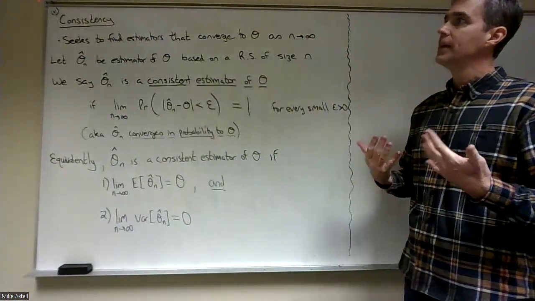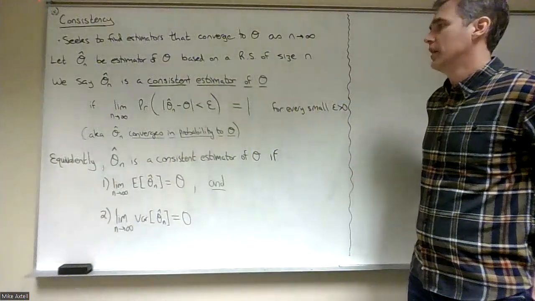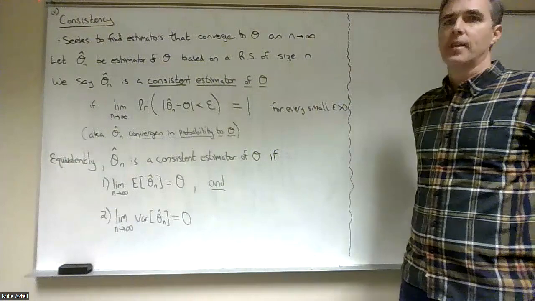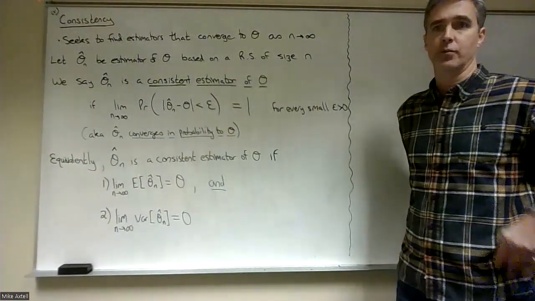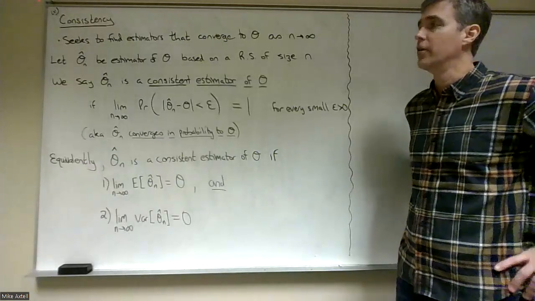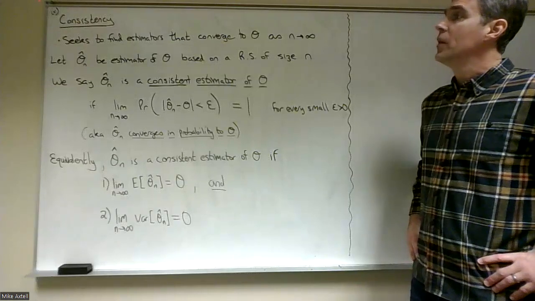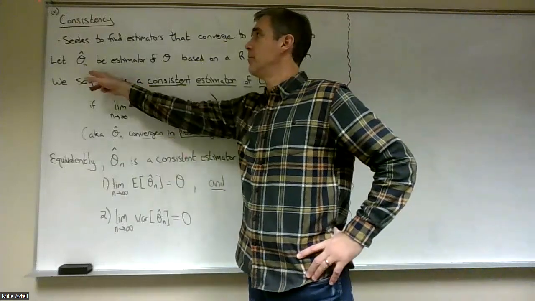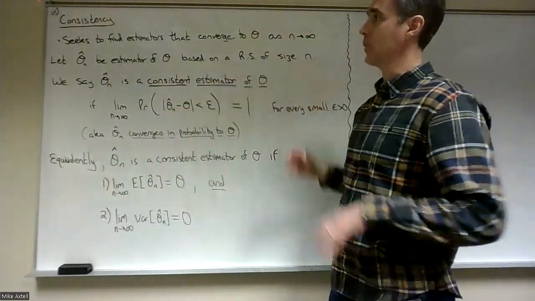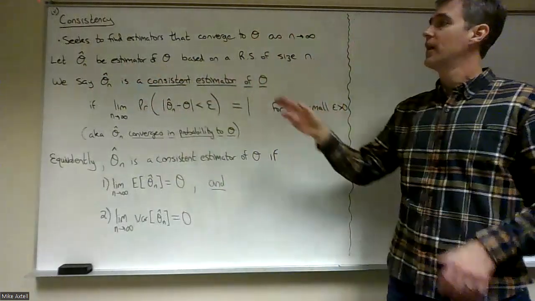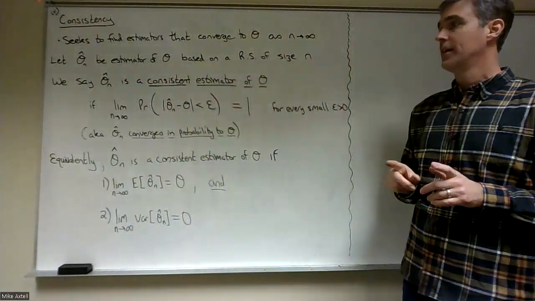The idea with consistency is we want a measure of whether, as n gets big, the sample we're given with which to create this estimator is good enough. We let theta hat sub n be an estimator of theta based on a random sample of size n.